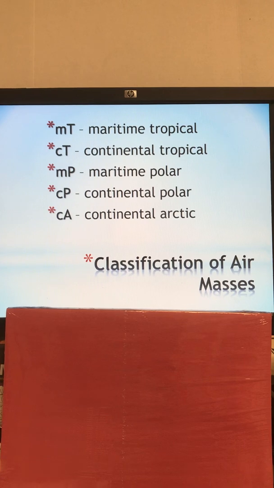Okay, so maritime, ocean, tropical, warm; continental, land, tropical, warm; maritime, ocean, polar, cold; continental, land, polar, cold; continental, land, Arctic, very cold.